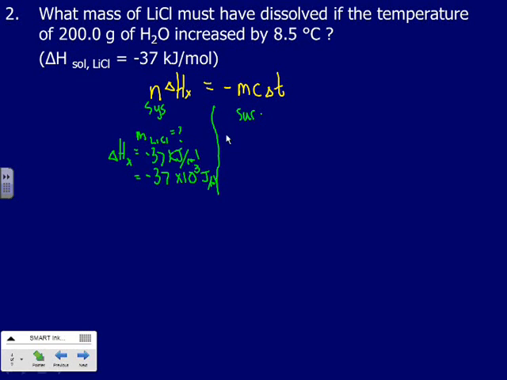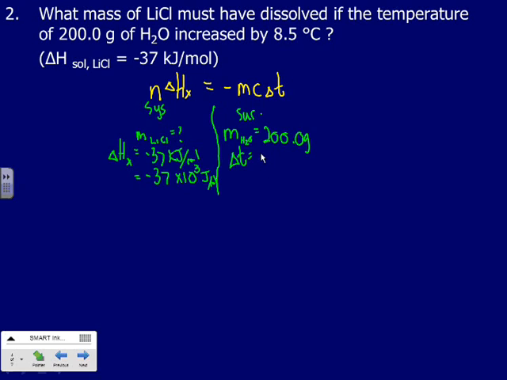Let's get our surroundings information. Mass of the surroundings. Now that's mass of water. That's the water that we are dissolving it in. And it says here what mass of lithium chloride at the temperature of 200 grams of water. So there's our mass there, 200 grams. No need for the density this time because we were given it in grams. And the temperature change, we're told the temperature increased by 8.5.